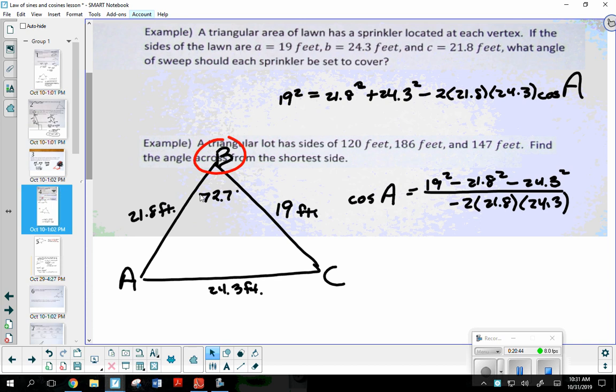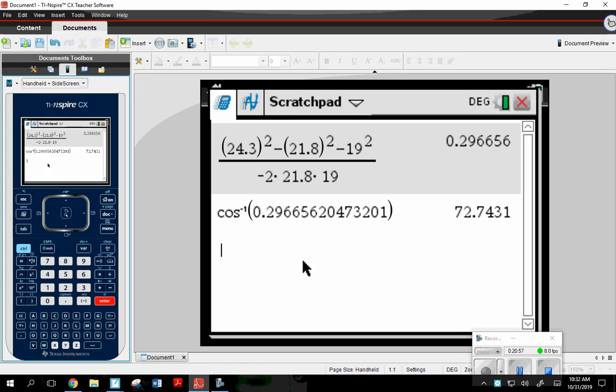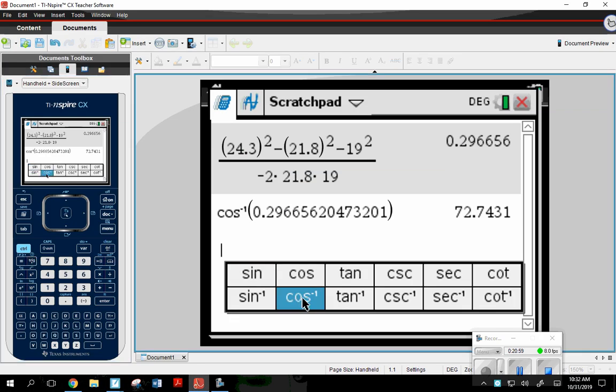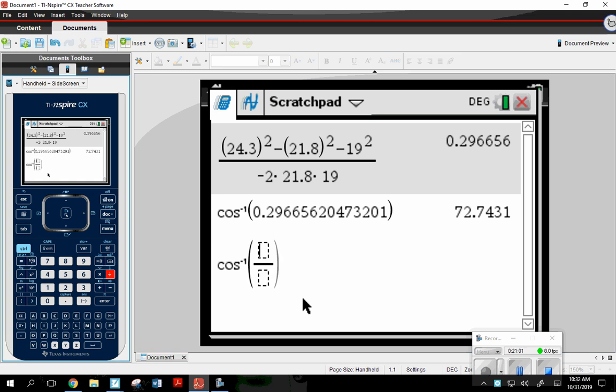24.3. Now, I'm also going to go ahead and do something different than what I did just a moment ago. We know that cosine of angle A is going to give me this ratio, whatever it turns out to be. So instead of finding that and then plugging it in, I'm going to say cosine inverse and plug that ratio in directly. Okay? Whatever you feel is best. Completely up to you.